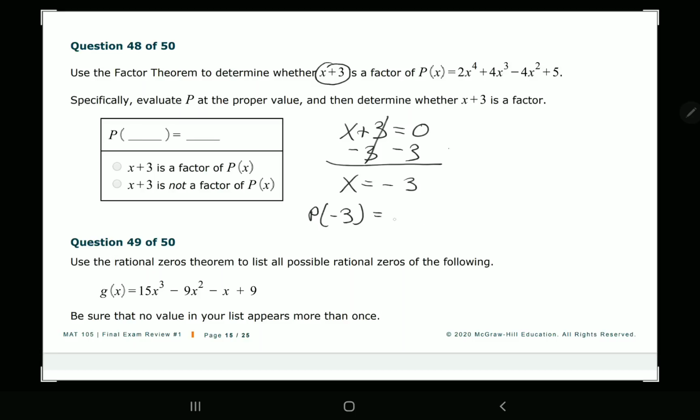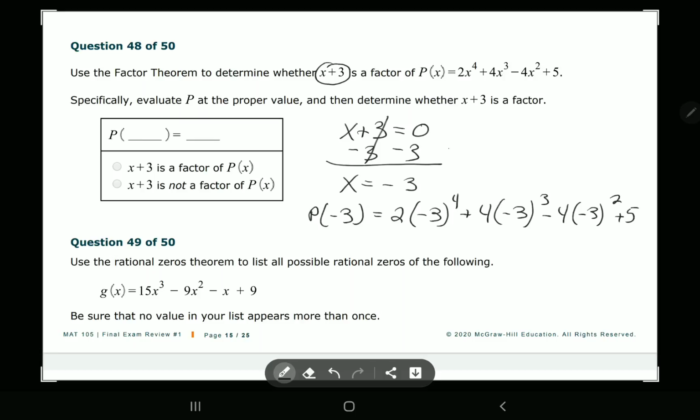That's going to equal 2 times negative 3, that quantity to the 4th power, plus 4 times negative 3 to the 3rd, minus 4 times negative 3 squared, plus 5. You know what? I'll show you guys both ways: how to plug it in once you find the 0 of your divisor, and then how to use synthetic division to determine that.